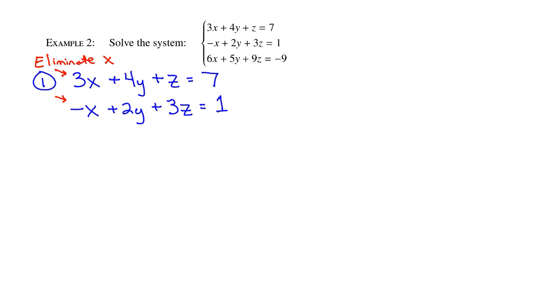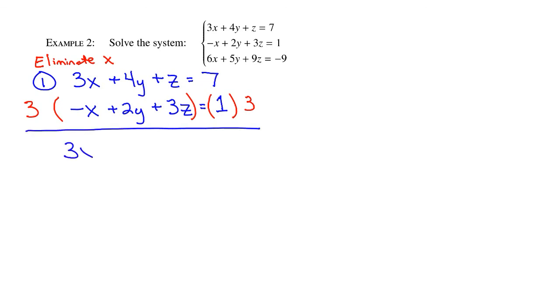So you have to multiply the second equation by some number in order to get rid of the x when it combines with the 3x. This is one of the easier ones to do. I'm going to multiply the bottom equation by 3. When I do that, the top equation stays the same.